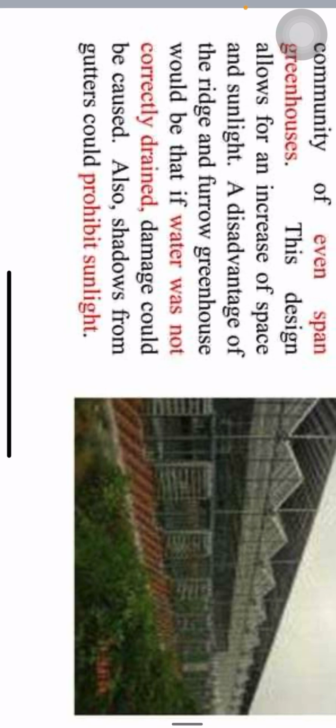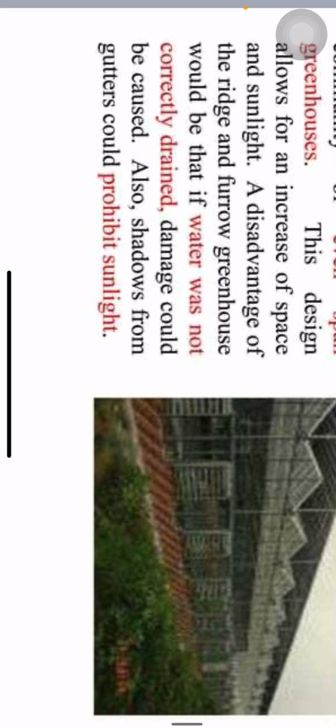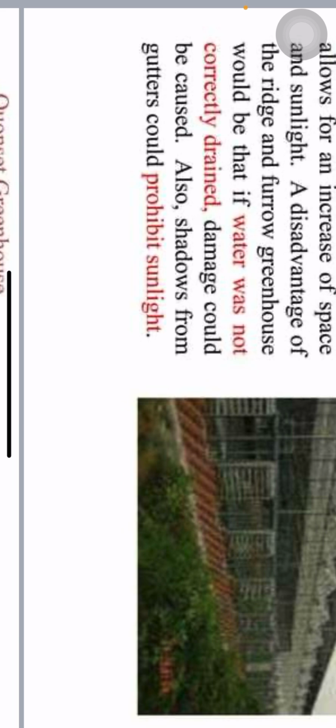A disadvantage of the ridge and furrow system is that we cannot provide properly well-drained conditions for the field. The special features of greenhouse cultivation are that the production of horticultural crops involves several special features that distinguish it from conventional agricultural practices and other types.